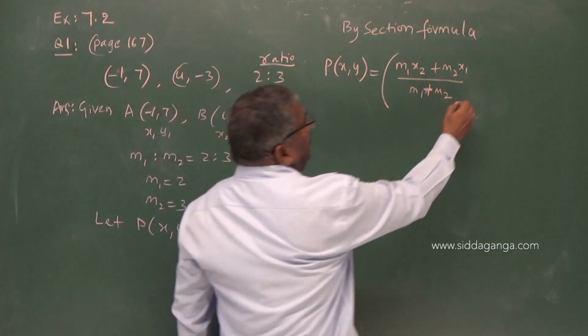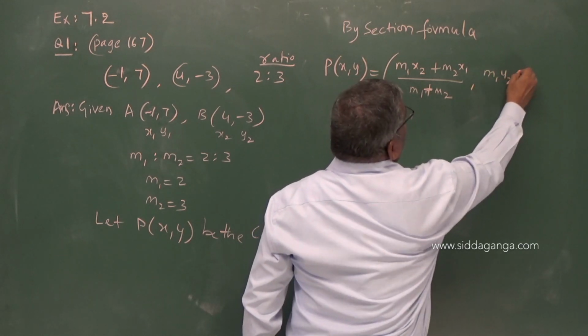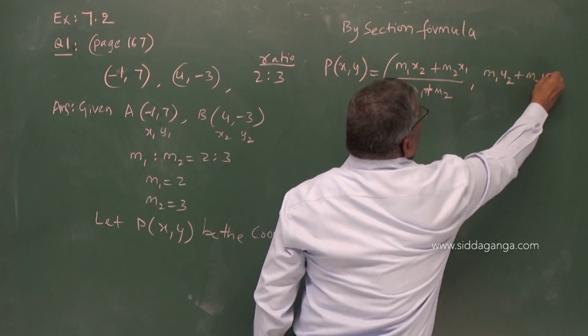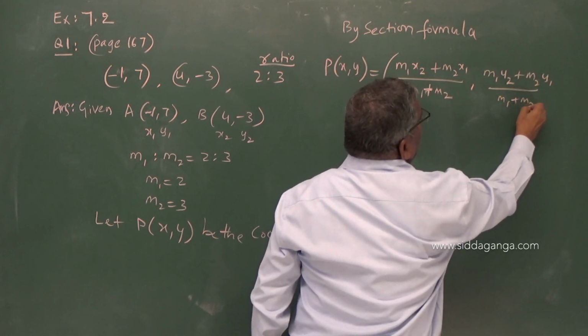This is the x value, and the y value is (m1 y2 plus m2 y1) divided by (m1 plus m2).